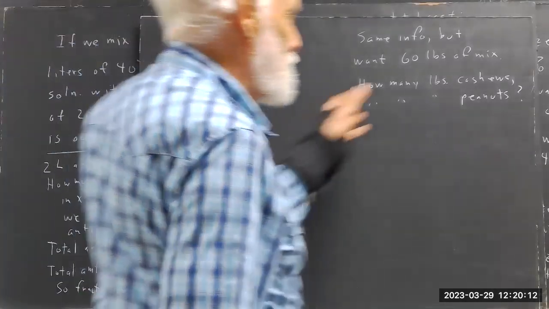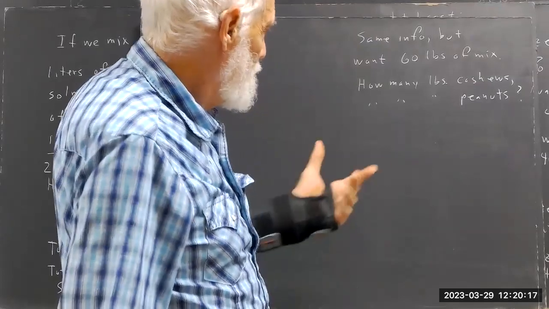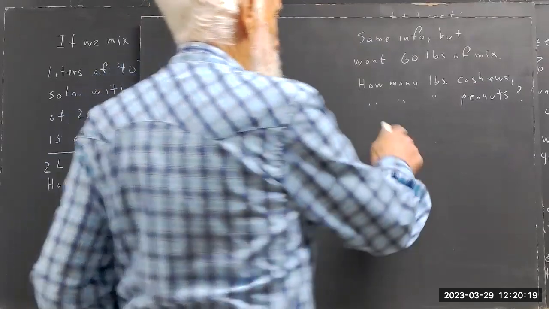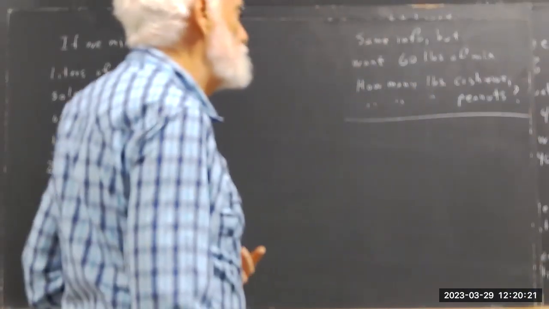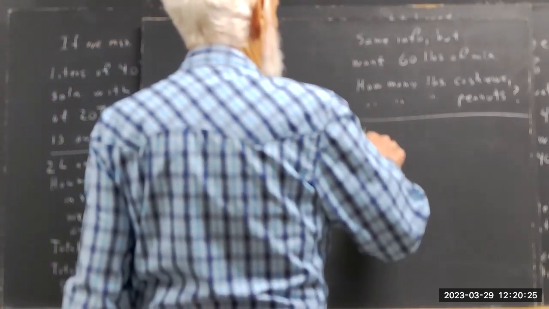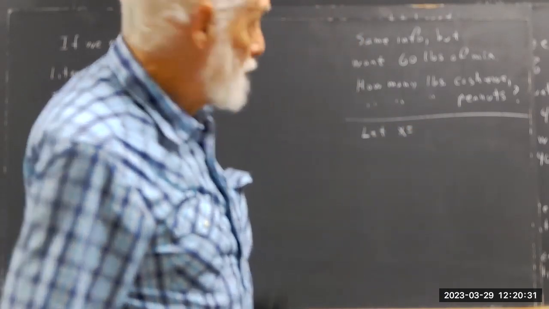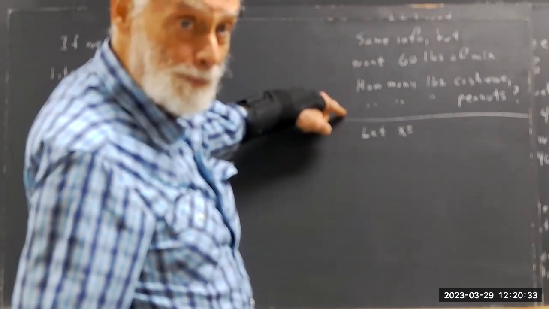Okay, I mentioned that we could do 60% of whatever we got before. I kind of got you off of the right track, and that was a mistake on my part. But let's say we let X equal what? Well, we've got two things here we don't know, right?